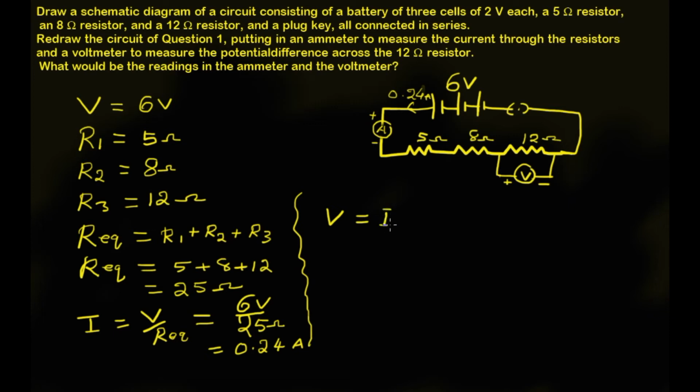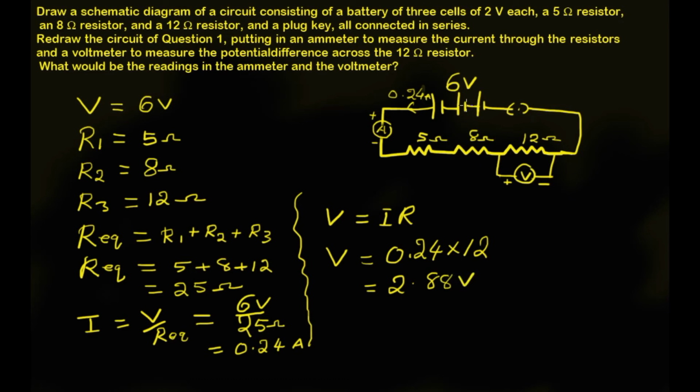V is equal to I into R, the current into resistance. But here remember, we have to take the resistance only of this 12 ohm which is coming across the voltmeter, and so the voltmeter reading here will be equal to 0.24 ampere into the resistance 12 ohm, that is equal to 2.88 volt.